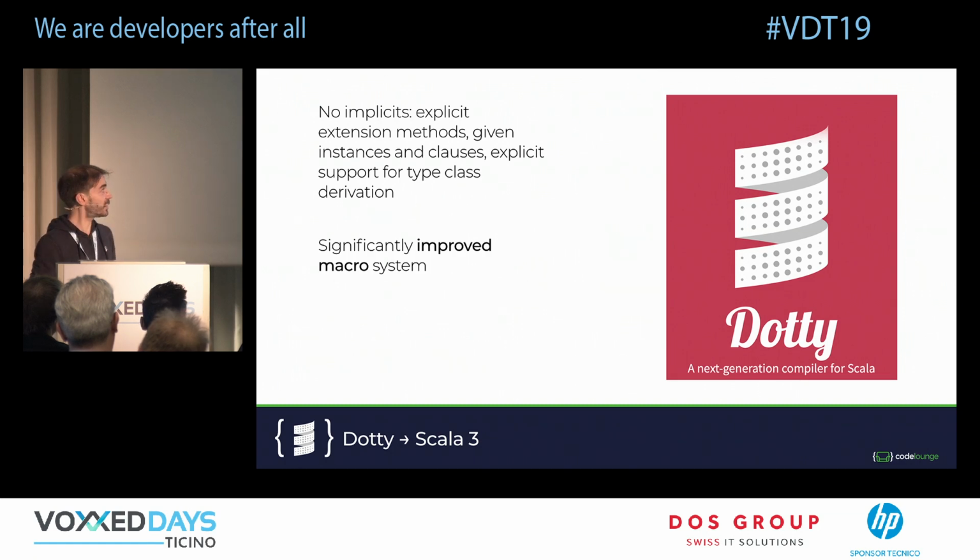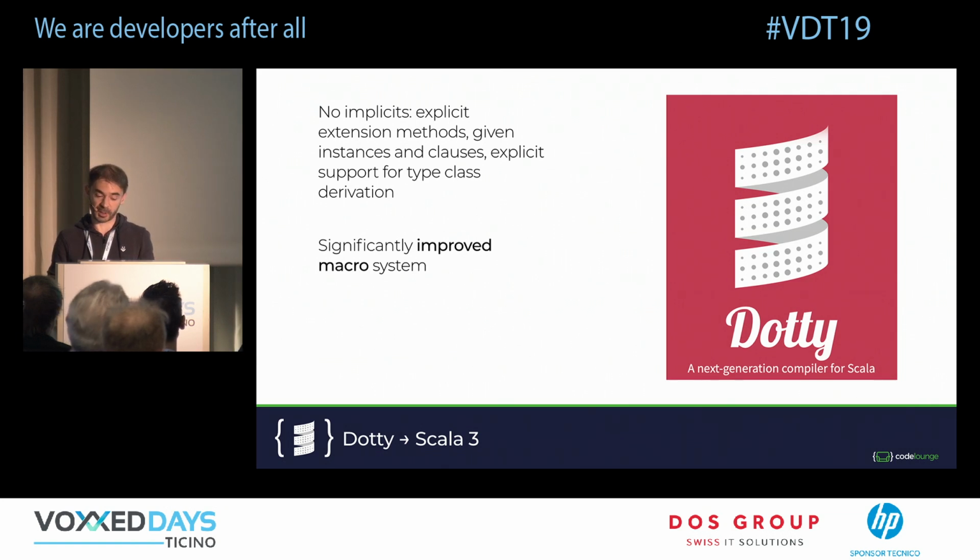But most importantly, the macro system will be improved, and it will work in a cleaner way. And I believe, from what I have seen, that even people who are not used to macros, maybe remembering macros from Lisp, can use them way more effectively because, with respect to the code that you have seen, they work really better in a very elegant way. They are not as powerful, but still very good.